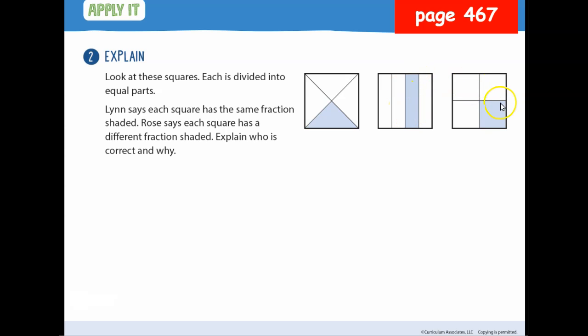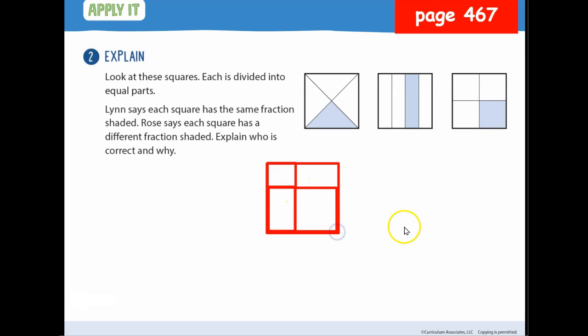Yes. All four squares in the third one, are they the same size? Yes. So we cannot have a square that looks like this and say that this square that I just made is cut into fourths. There's four sections, but they have to be equal, same size. Just FYI, okay?